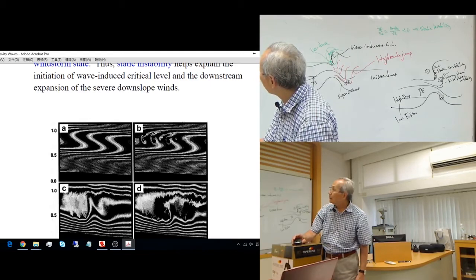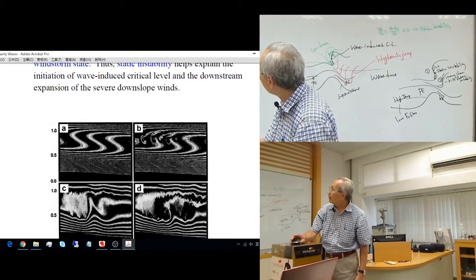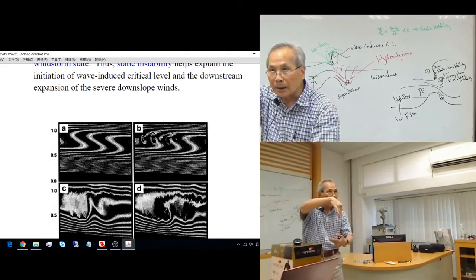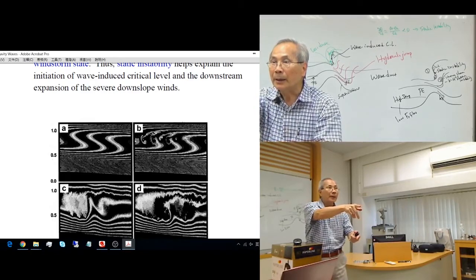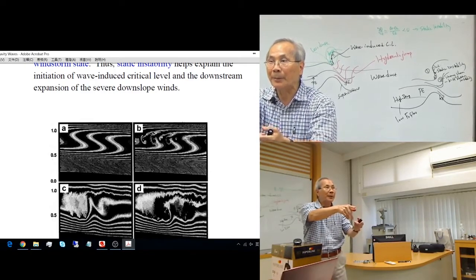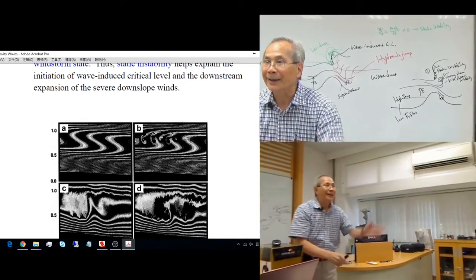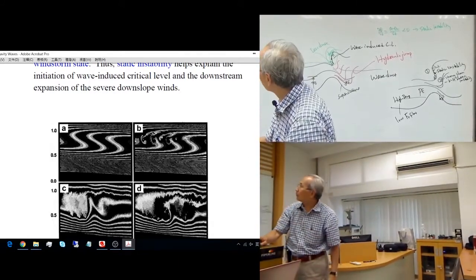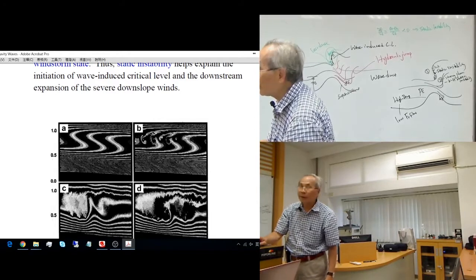We induce a critical level like this, and then you get wave breaking because it is upside down. You try it: you probably can stand for some time, but then somebody pats you and you overturn a bit. So this is wave breaking because you have which kind of instability?